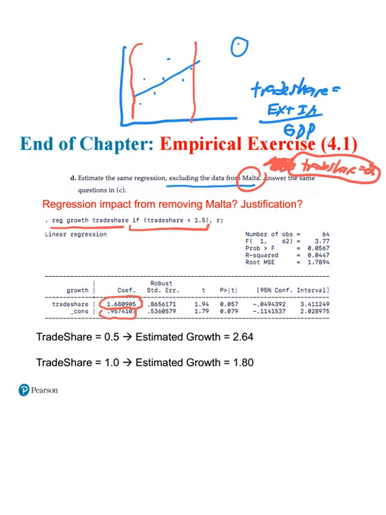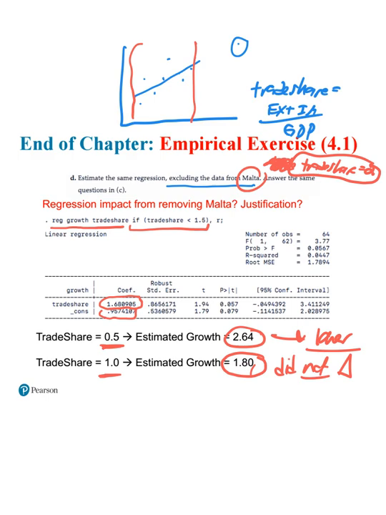When we predict the estimated growth for different trade share levels, we find that the estimated growth for a trade share of 0.5 is 2.6. And when the trade share is just 1, the estimated growth is 1.8. So this did not change, but the first is actually lower than our previous estimate.